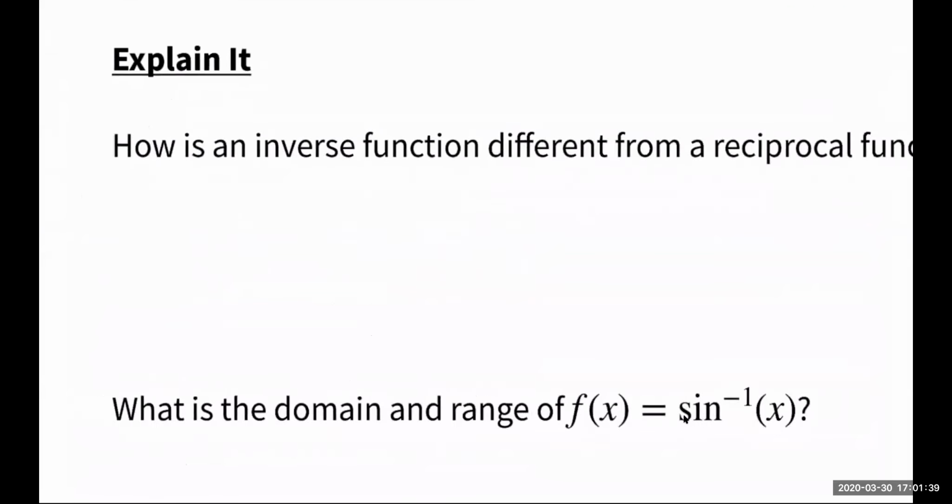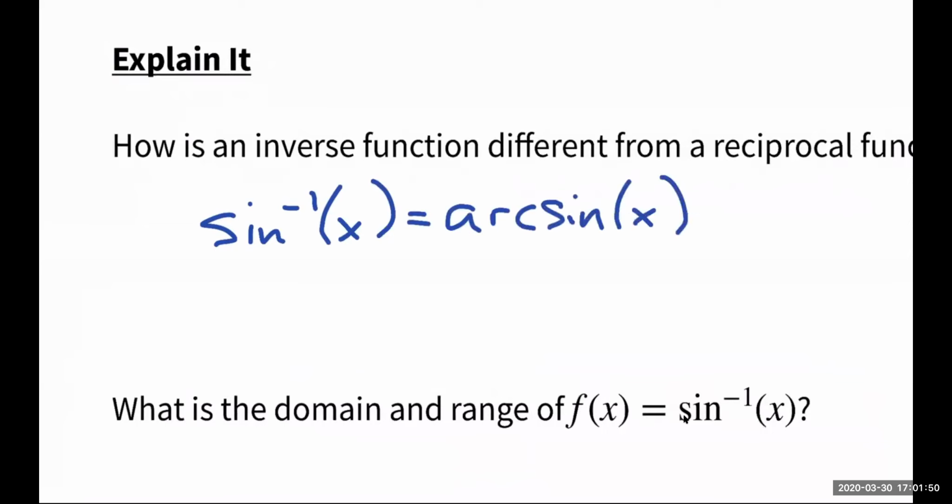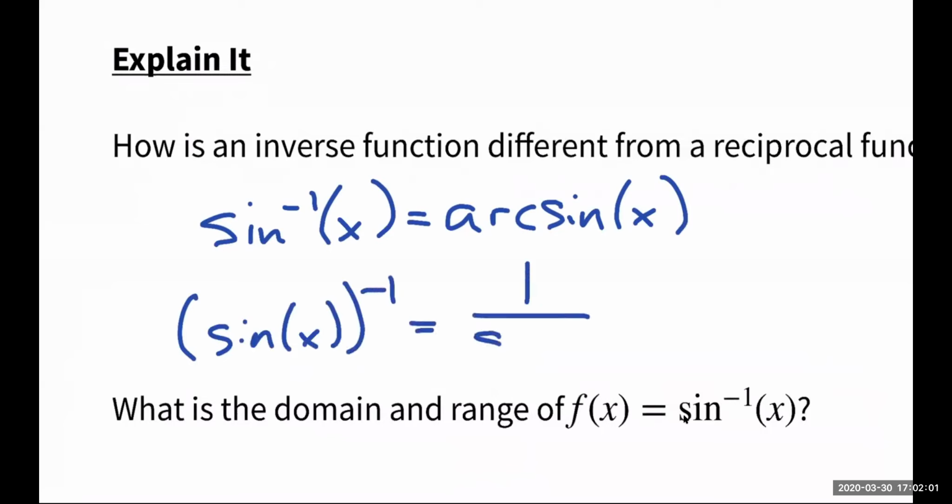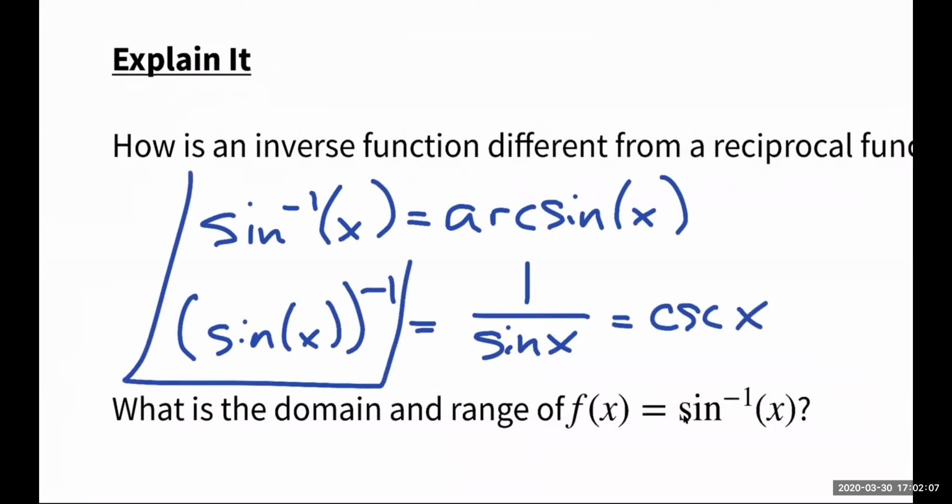So that's different from a reciprocal function, because sine inverse of x is the same thing as arcsine of x, whereas if you take the reciprocal of the evaluated function sine of x, that results in 1 over sine of x, which we know to be cosecant of x. So there's a very big difference in this small bit of notation, and make sure that you're using that correctly.